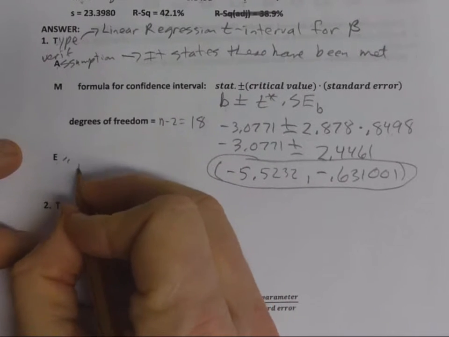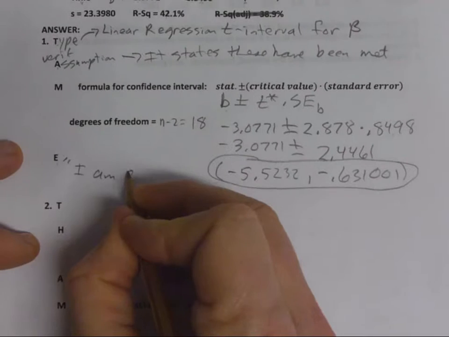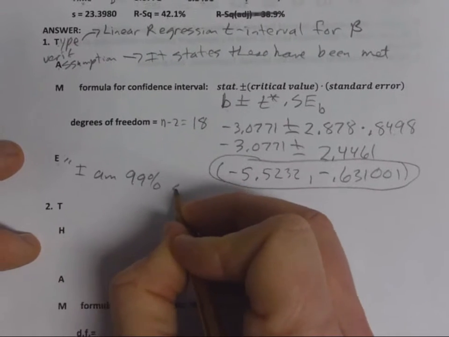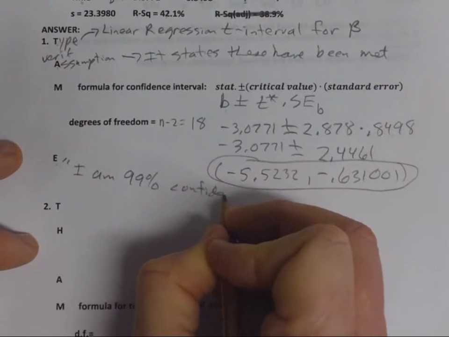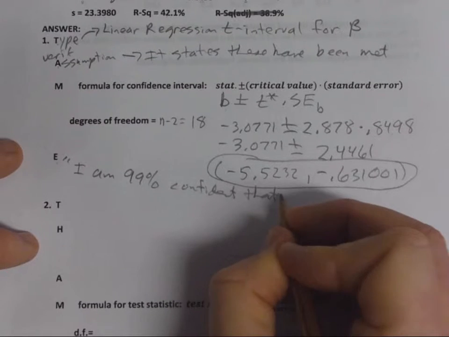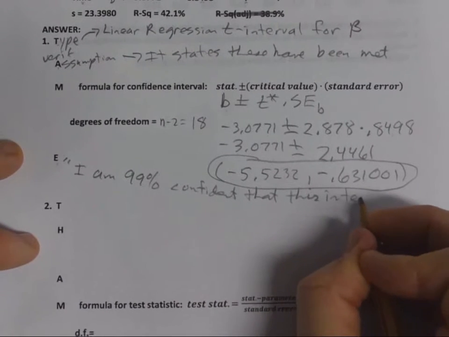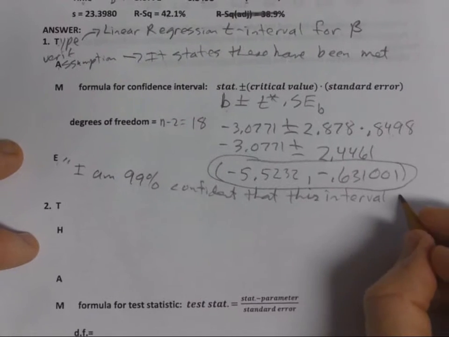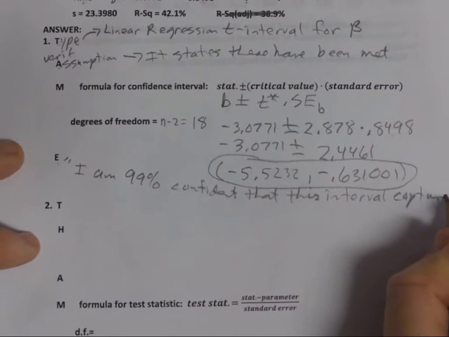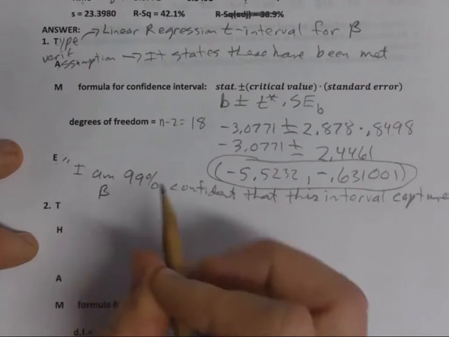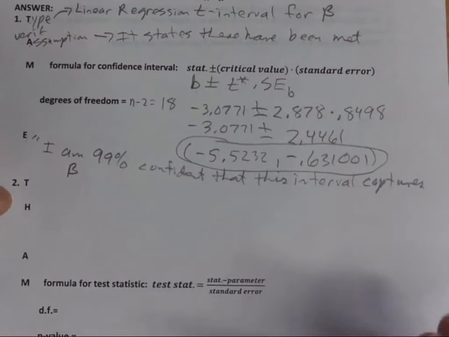And so you would say this: I am 99% confident that this interval, and it's right above what I'm stating, so I don't have to write it again, this interval captures our parameter, which is beta. Now you have to say what beta is.